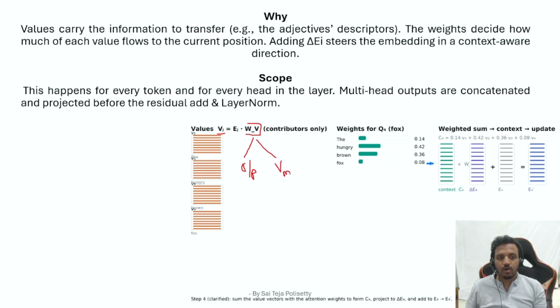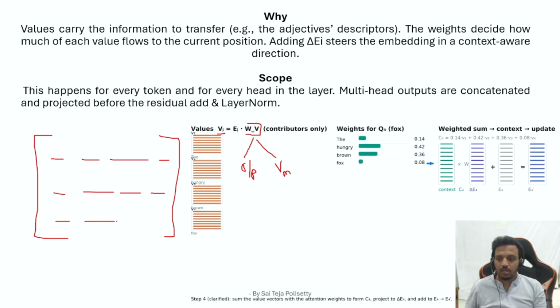Now say there is a big matrix. In this big matrix you have matrix 1 here, matrix 2 here, matrix 3 here, matrix 4 here, 5, 6, 7, 8, 9, 10, 11, 12. This big matrix is called the output matrix, but the matrix that you are using here will be, let's say you have 12 heads.